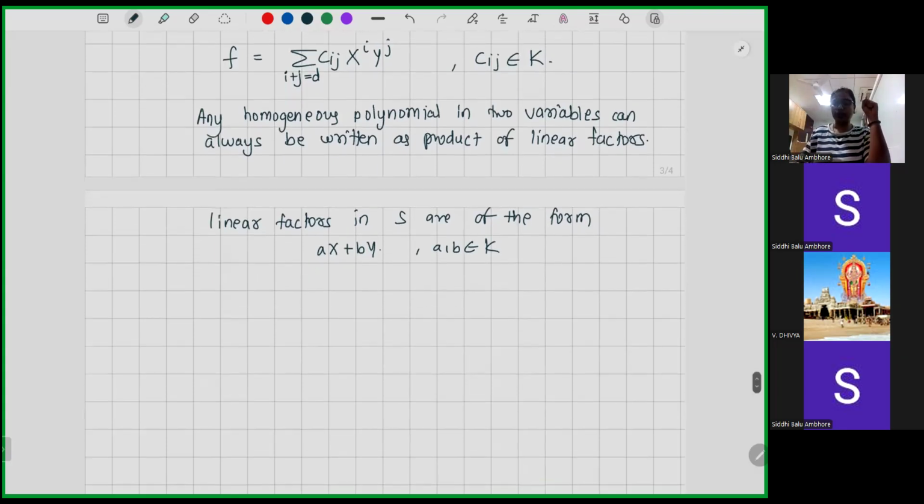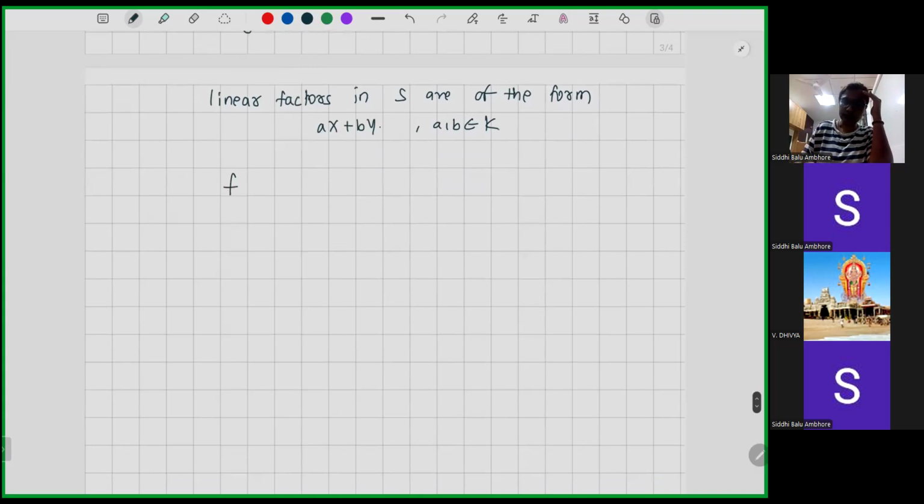It goes like this: if F is some summation c_ij x^i y^j, where i plus j is D, then I divide by y^d. So it becomes F by y^d, and the summation of i plus j is D remains as it is, and doesn't change.